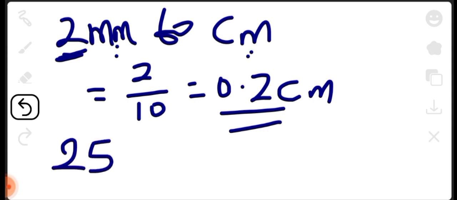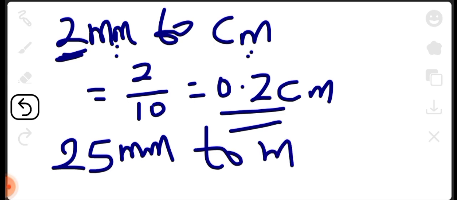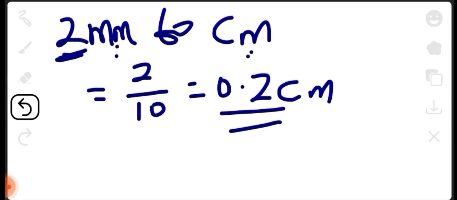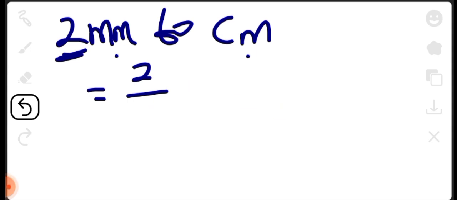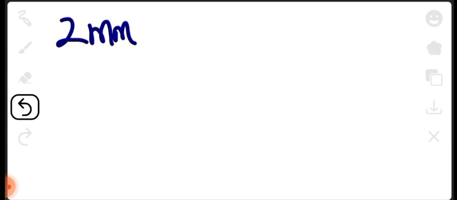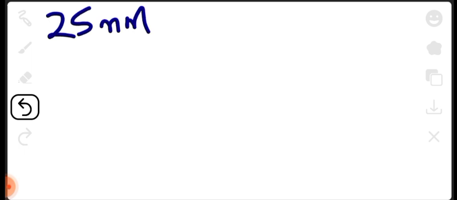Now, what if they say convert 25 millimeters to meters? How are you going to do that? Millimeters is smaller than meters. That means we are moving from a smaller unit to a bigger unit.